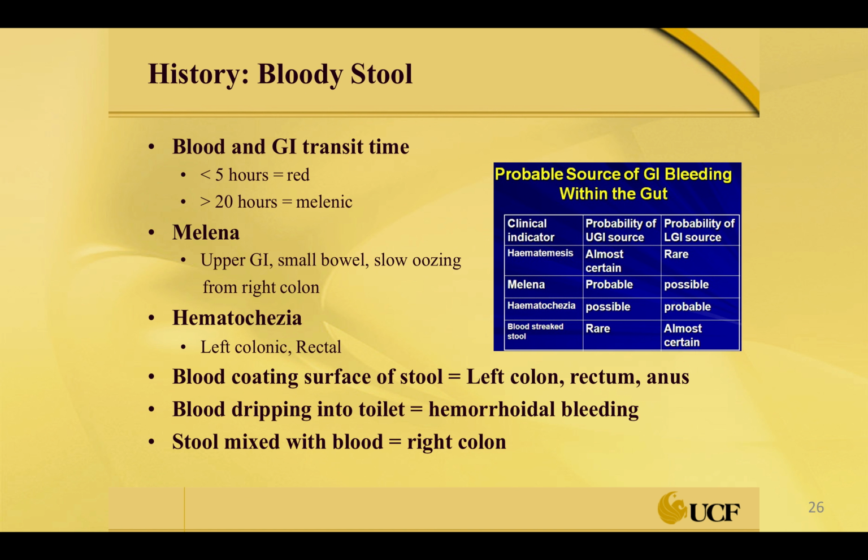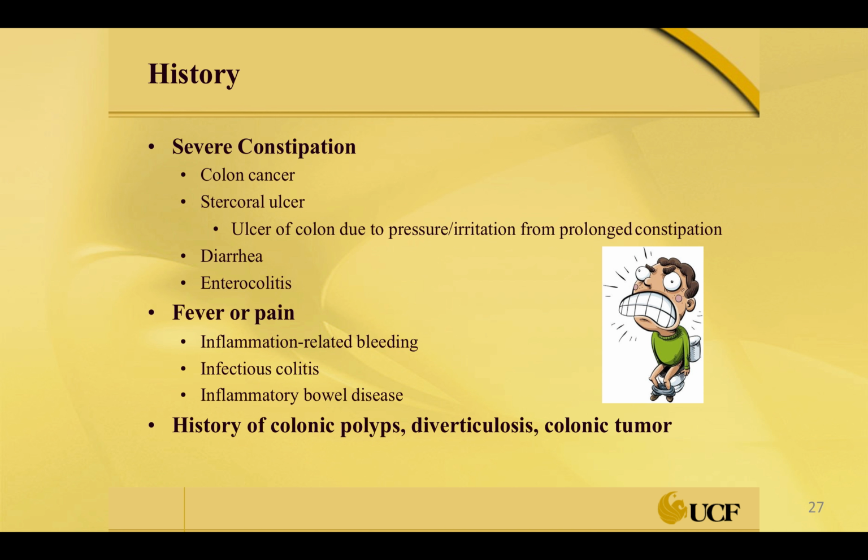So knowing these descriptors will also point us to the origin and probable source of that GI bleed within the gastrointestinal system. And that little table there sort of summarizes the probability of upper versus lower gastrointestinal bleed source.